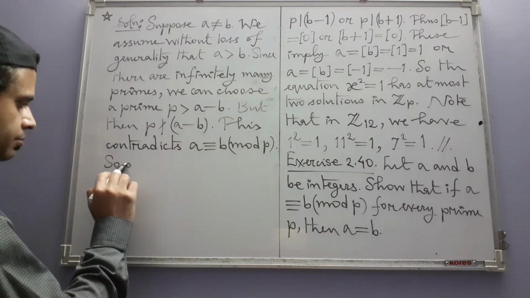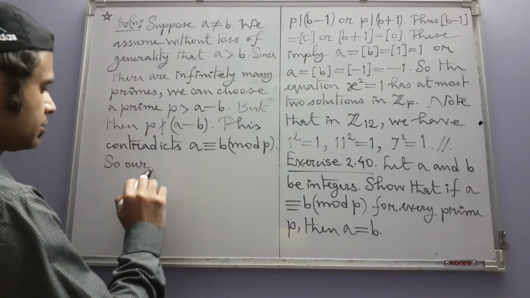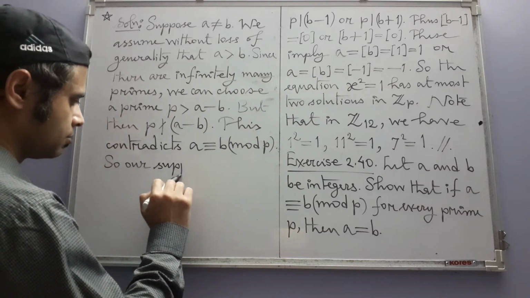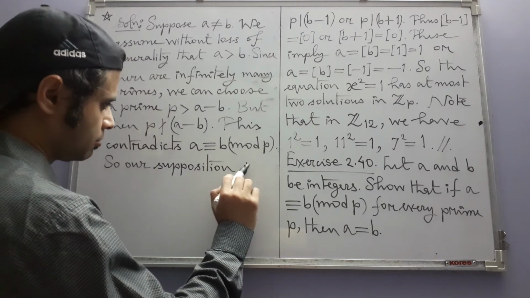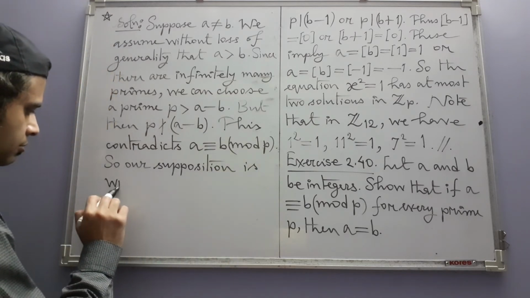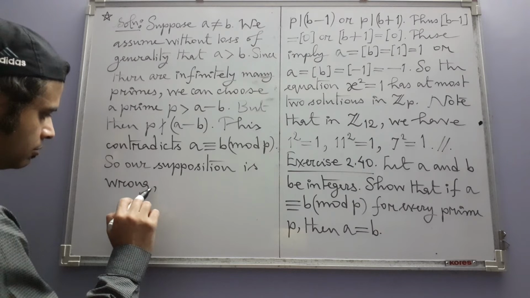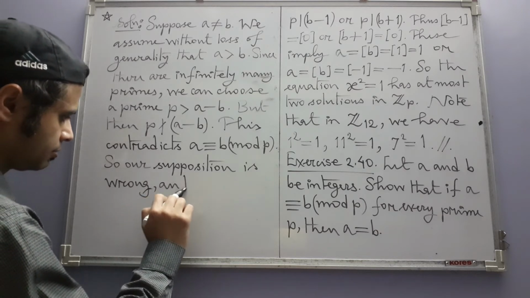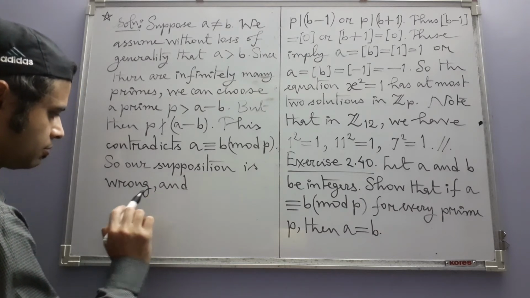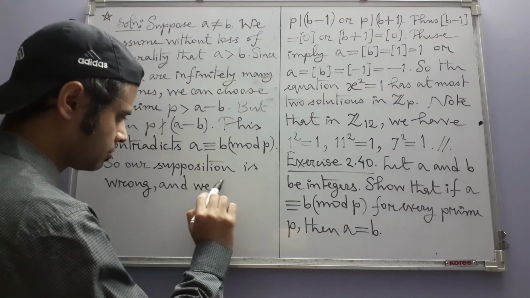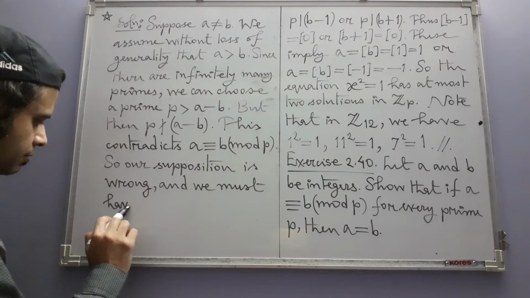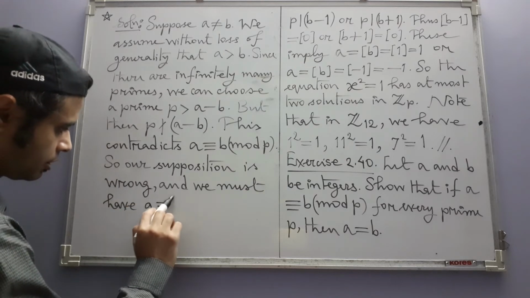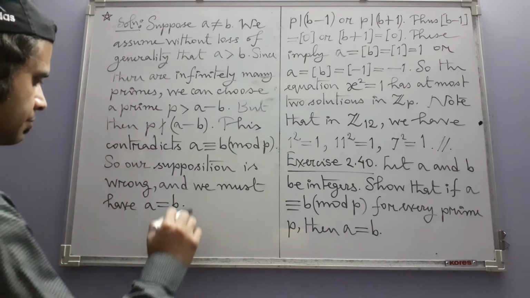So our supposition is wrong, and we must have A equal to B.